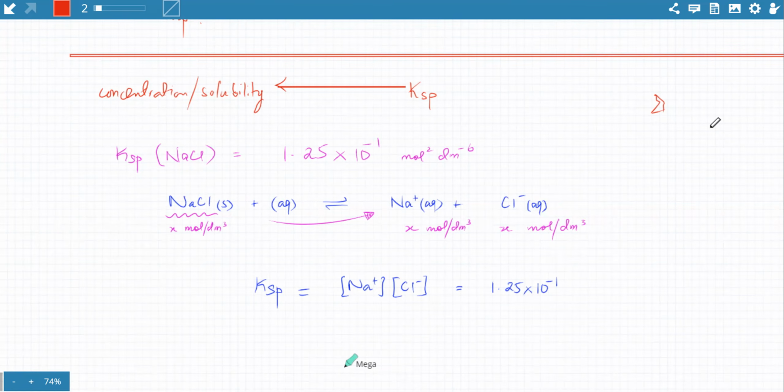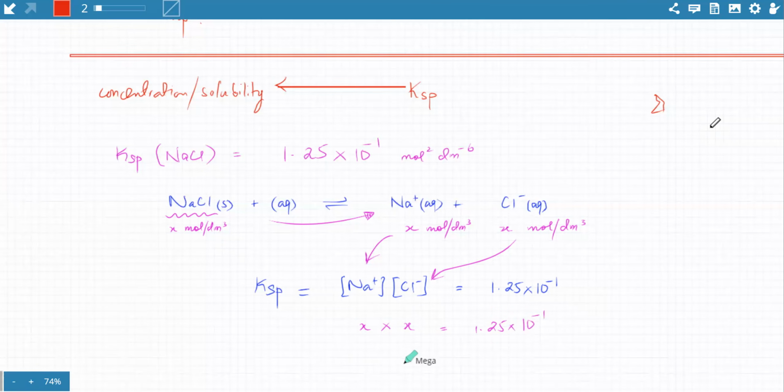So you've got x mole per dm cube of Na+ and x mole per dm cube of Cl-. Now I'm going to substitute these values over here. This goes over here. This goes in here. So it's going to become x mole per dm cube into x mole per dm cube. So that's x squared is equal to 1.25 times 10 power minus 1.